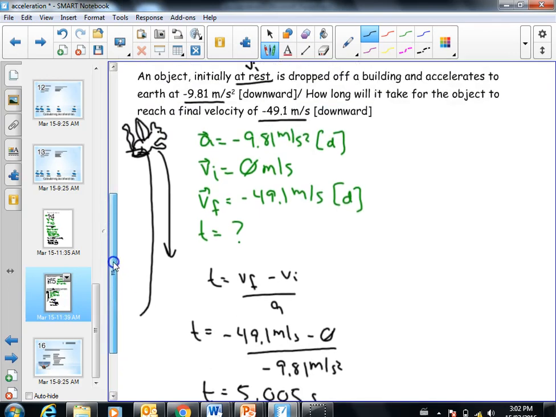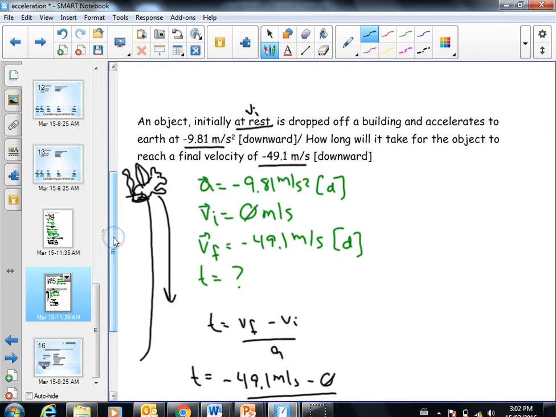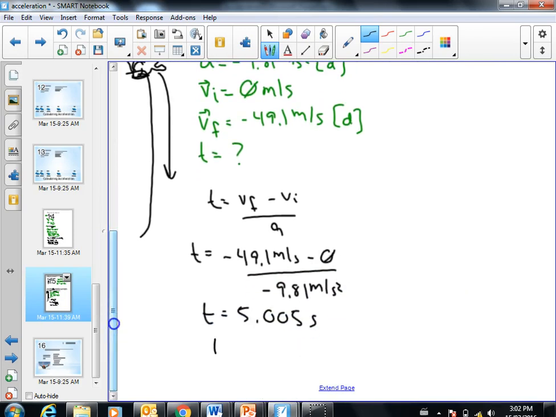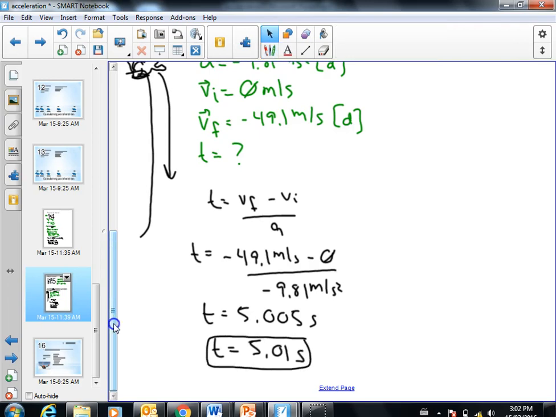Looking back up here, I see that I have 3 significant digits, so my answer has to be in 3 significant digits, which would make it 5.01 seconds. So the squirrel took 5 seconds to hit the ground. Please go back and make any notes and write down the worked examples so that you can do the work in class tomorrow.